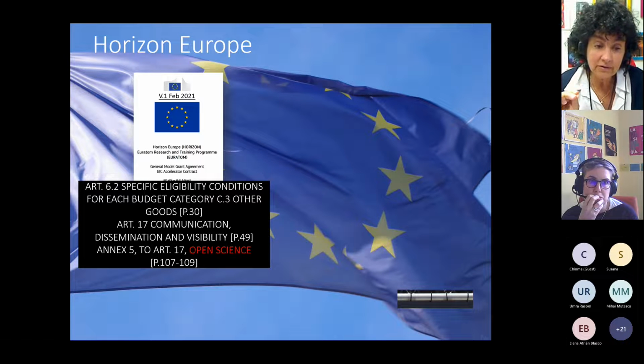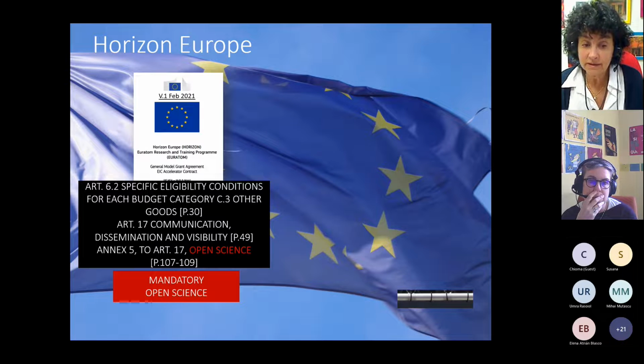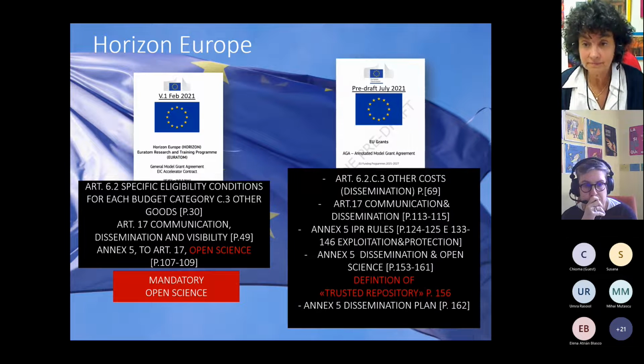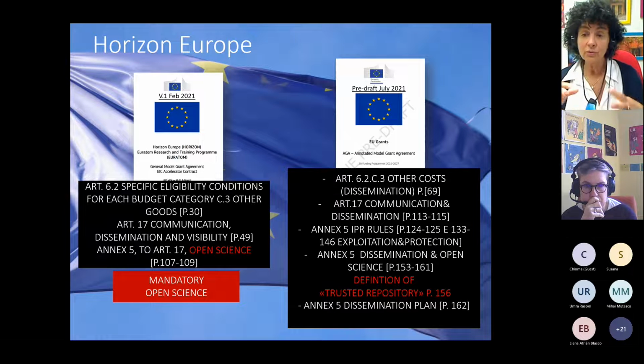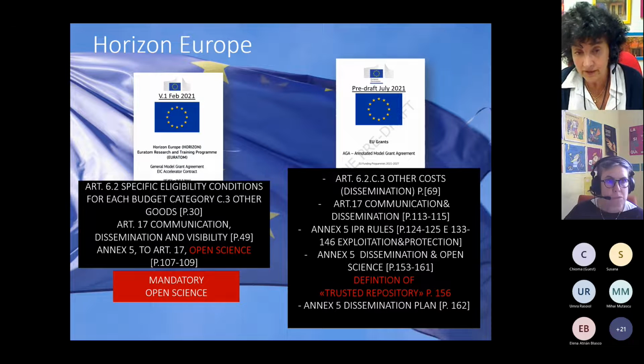Then the relevant document is Article 17 on communication, dissemination, and visibility of your research, and the Annex 5 to Article 7, which is entirely about open science. As you can see here, you have 3 pages on open science. And here you have the mandatory open science practices. Then, in the annotated model grant agreement, you will have more explanation on the same article that we saw there. And in Annex 5, you will find the definition of trusted repository. We will see in the slides.